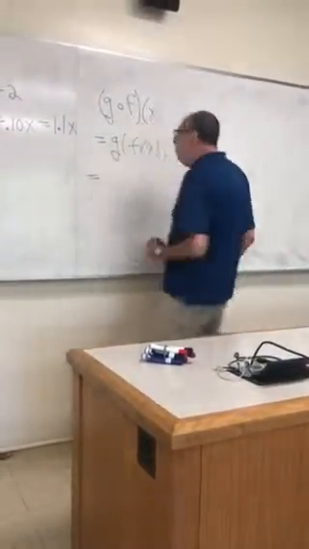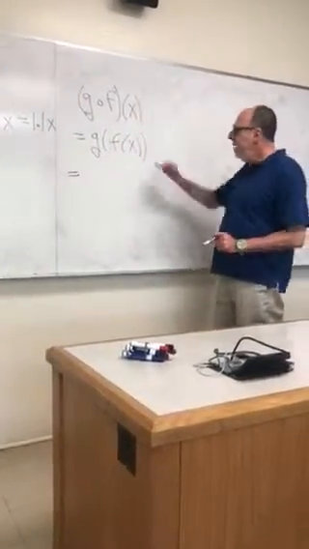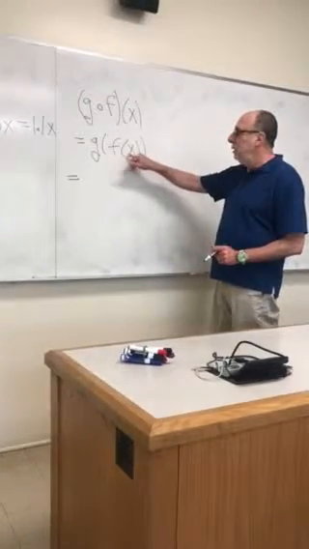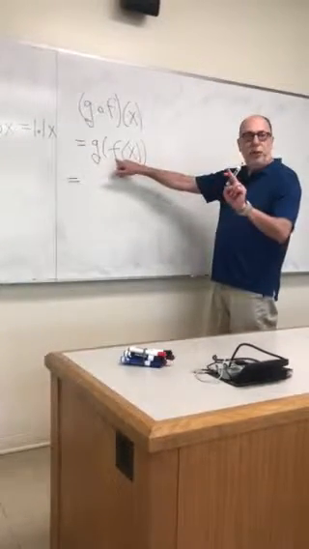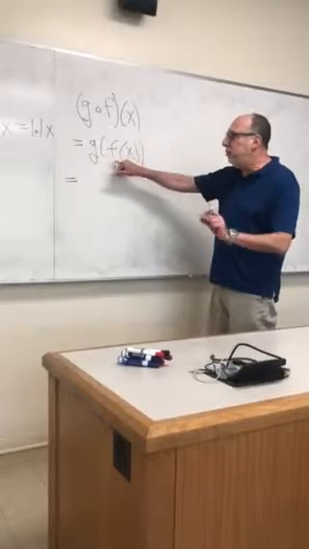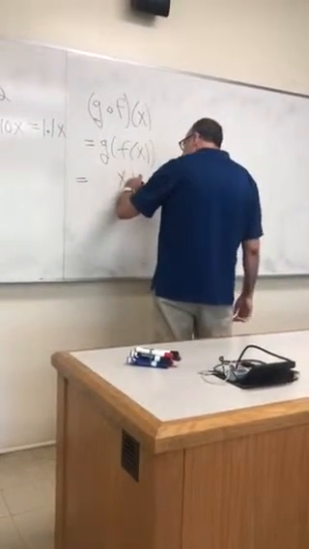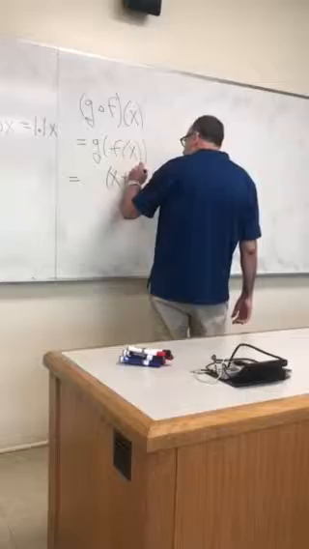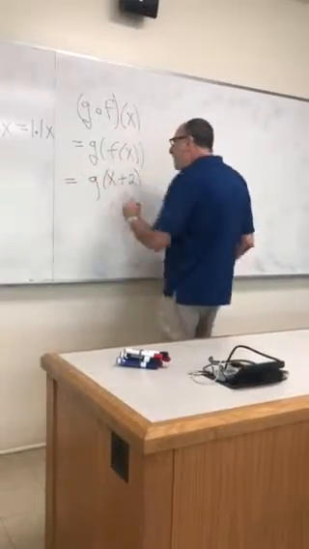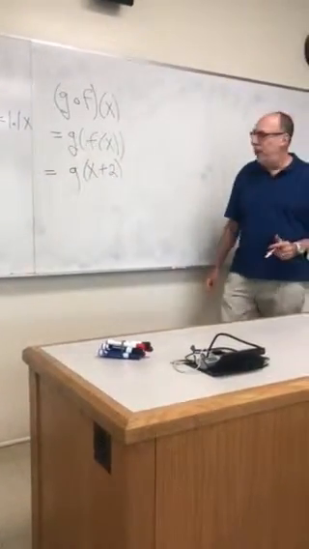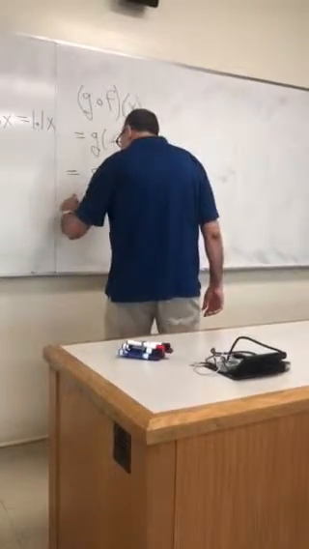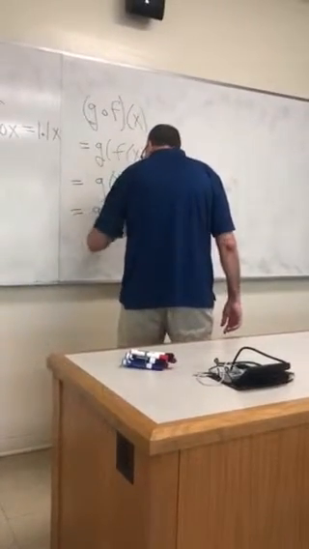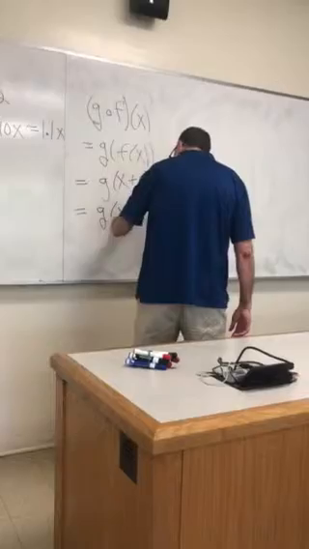Okay, so in this case, we start with x. Now, go over to the left one. F of x. What is f of x? X plus 2. That is now the input into g. So we have g of x plus 2.